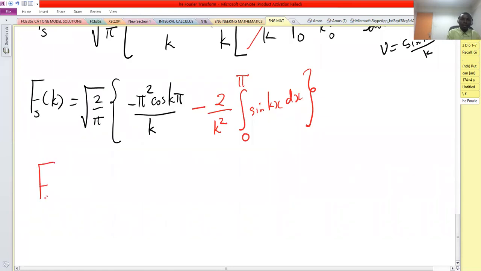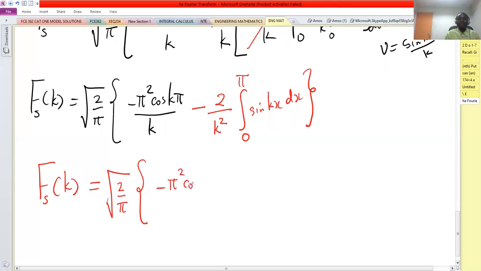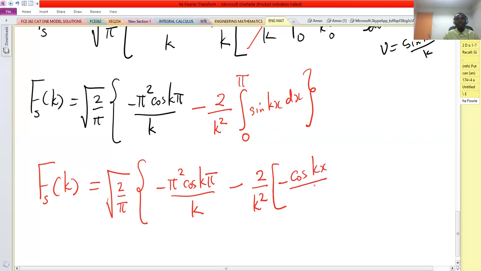Integrating sine gives minus cosine kx over k, and I put in limits 0 to pi.